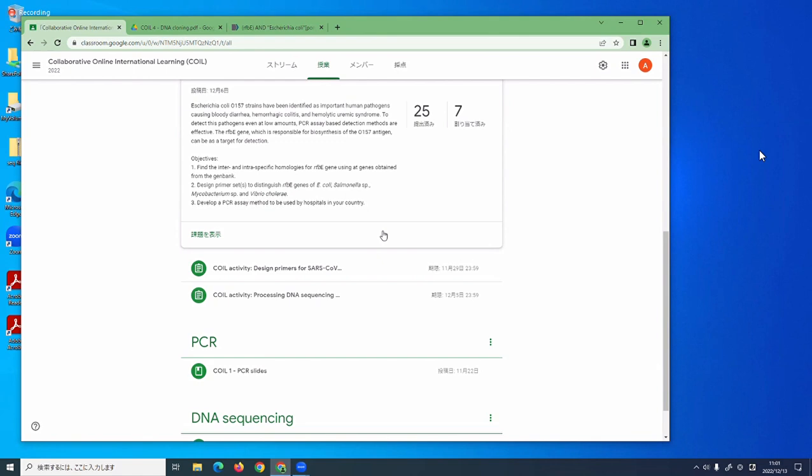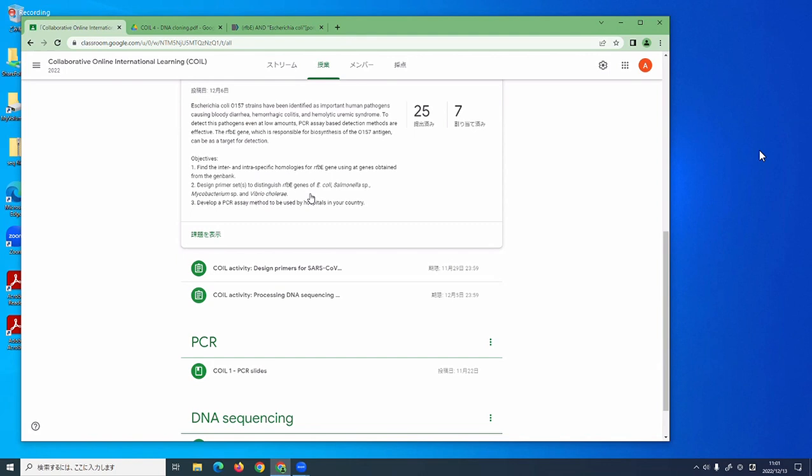Like designing a multiplex PCR assay is very complex. And regardless of what you design here, you have to validate it by experimentation. That's why there's a lot of papers describing their efforts on using different types of method to detect different types of pathogens.